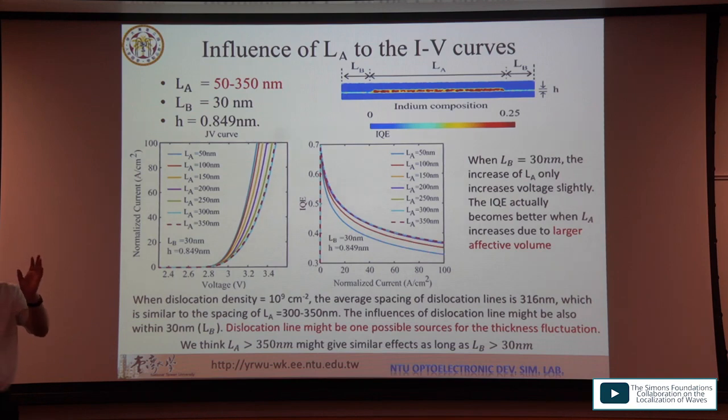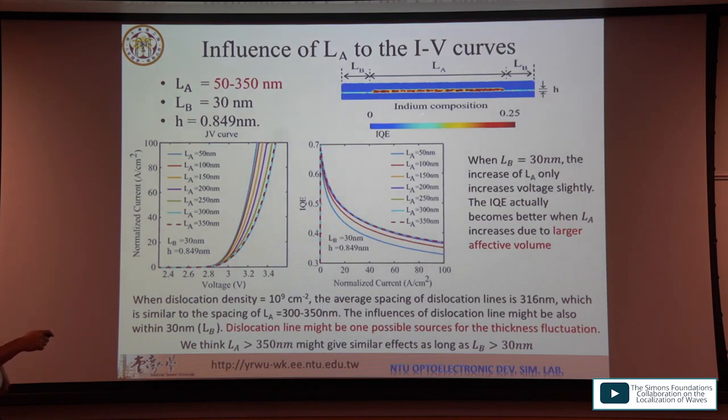If the density is 10^9, the spacing of dislocations is 350 nanometers. For green, if you have a dislocation density of 10^9, it's just like this case. And if you have 10^8, the distance is 700 nanometers.